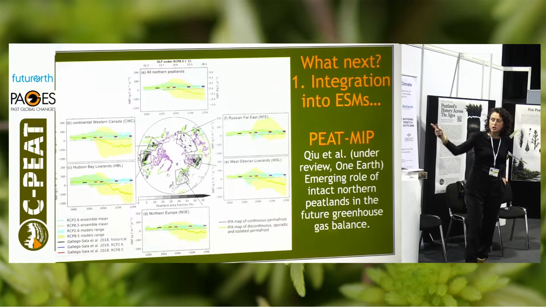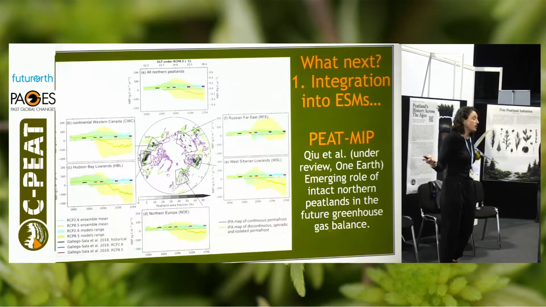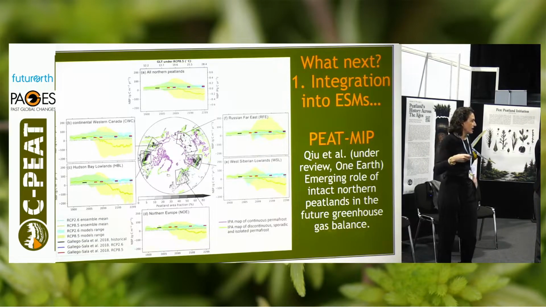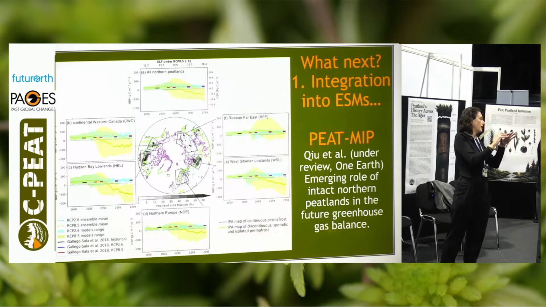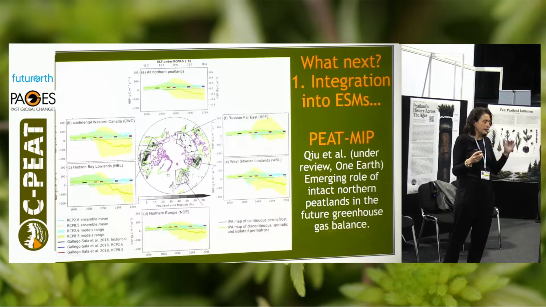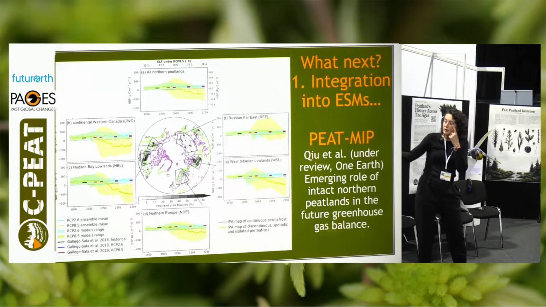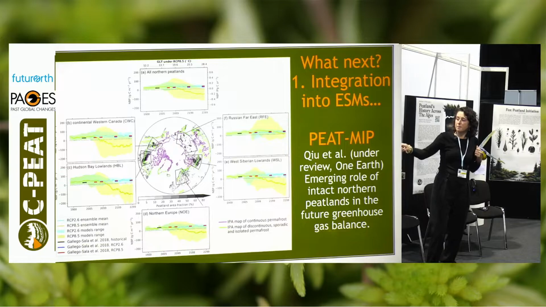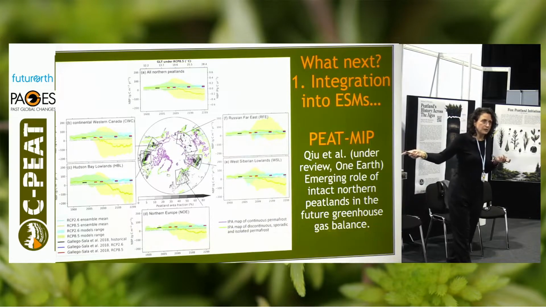But there is also work led by the same French group, including all of the land surface models that have peatlands, that is, all of the dynamic vegetation models that exist that have a northern peatland component. This is actually in press, but it will hopefully soon be published.